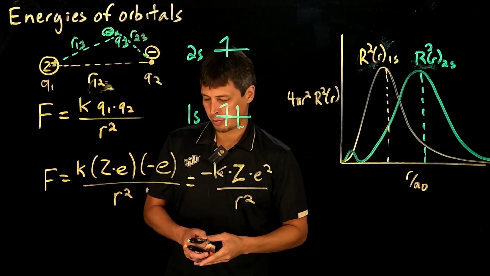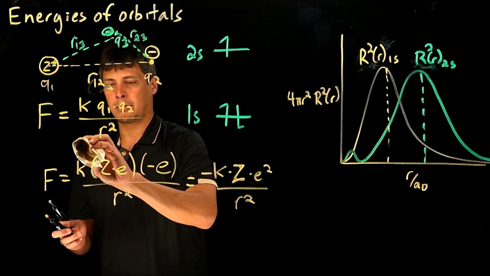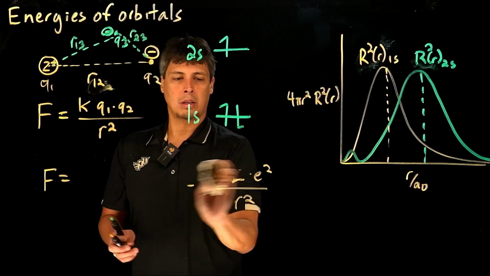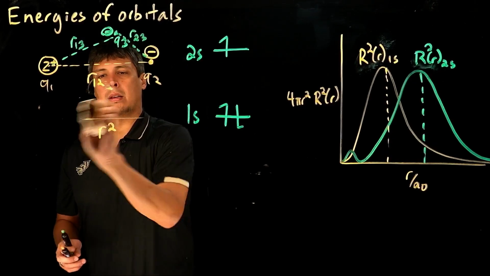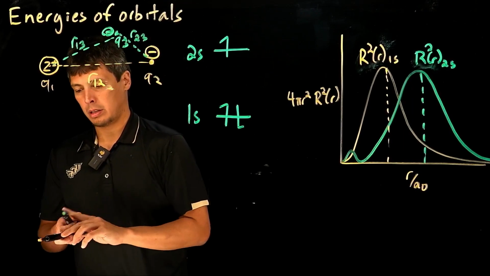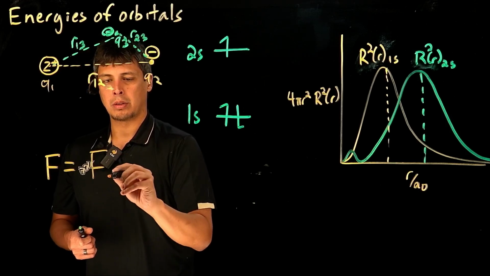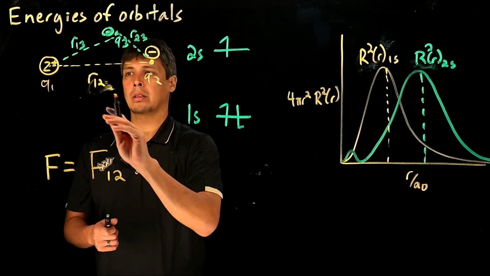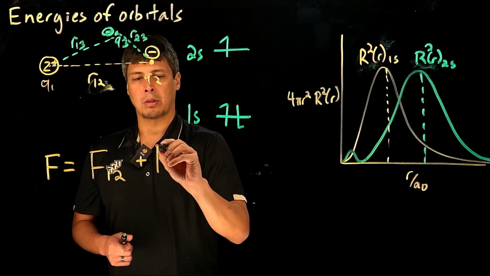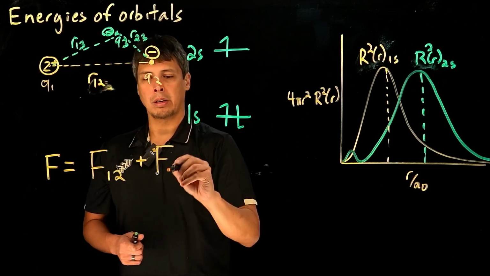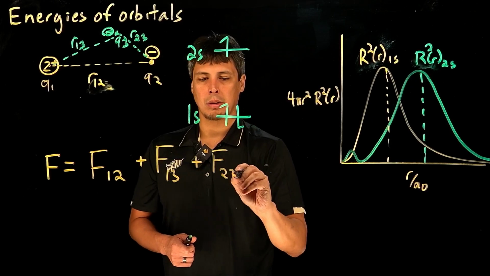And so briefly, what that means is our attractive force is going to be a sum of three terms: the force between 1 and 2, the nucleus and electron, plus the force component of 1 and 3, plus the force component of the two electrons, 2 and 3.